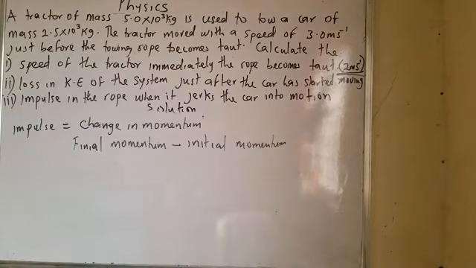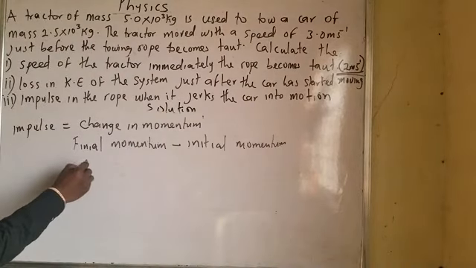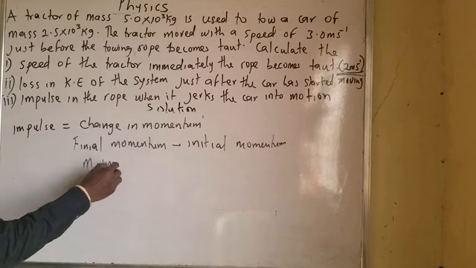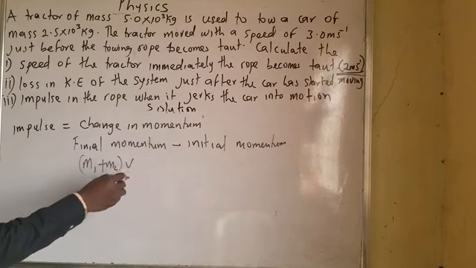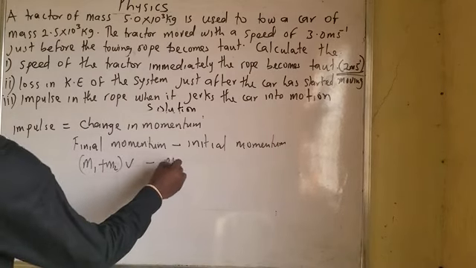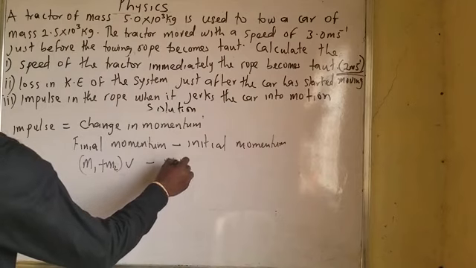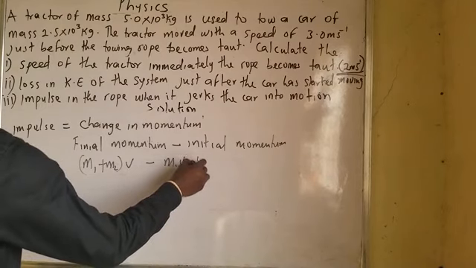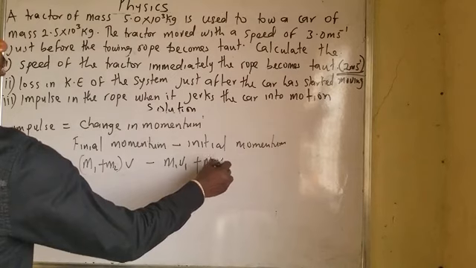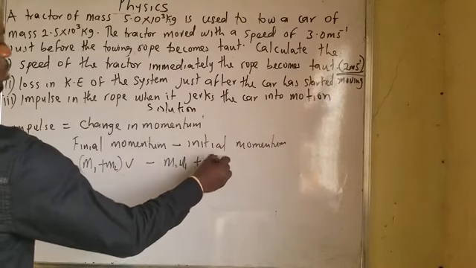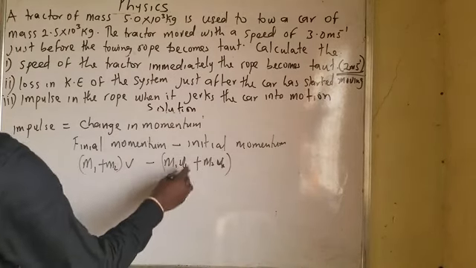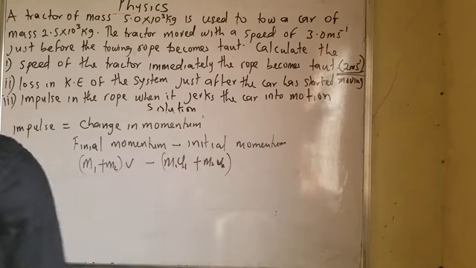Now, what is my final momentum? My final momentum is m1 plus m2 bracket of v, minus m1 u1 plus m2 u2. Let me use a u. This is u, because this one is all about the tractor.